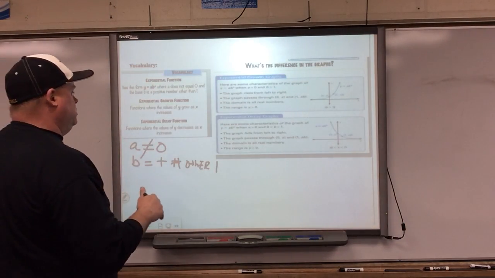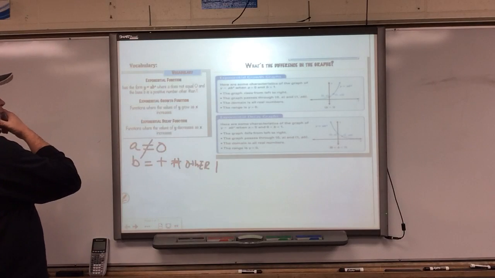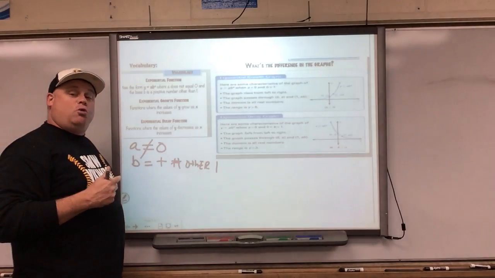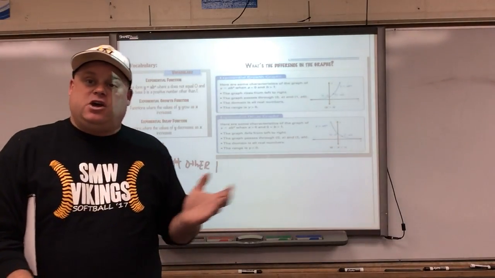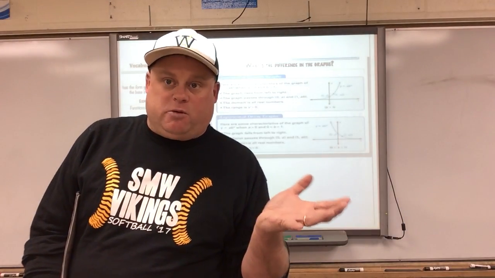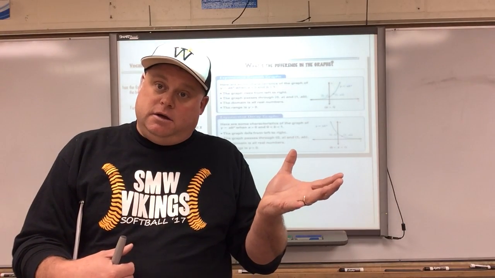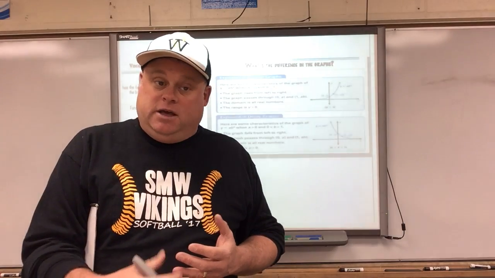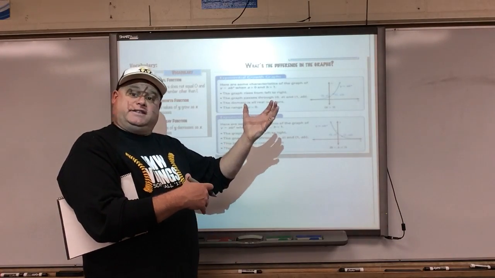Exponential growth, also in this box, says the values of y grow as x increases. My output, my y, is going to grow as my exponents grow. If it's the power of 1, y gets bigger, power 2, y gets even bigger.